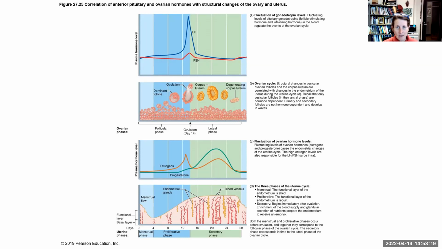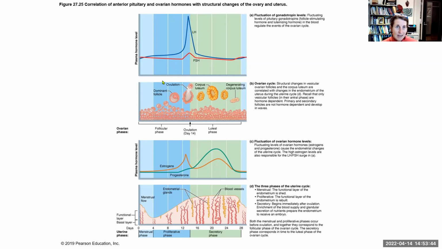Happens every 28 days. So as we have more of these oocytes being developed, we're having more estrogen. So we can see the estrogen is starting to come up. So as that estrogen is increasing, then our FSH is declining a bit.